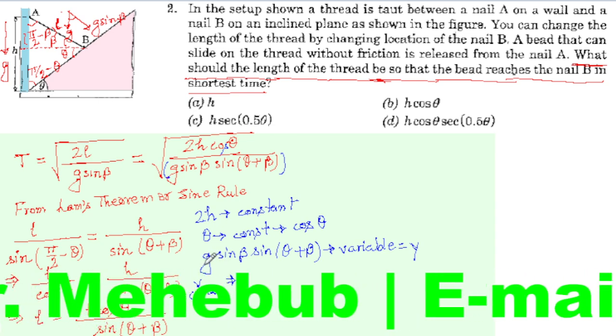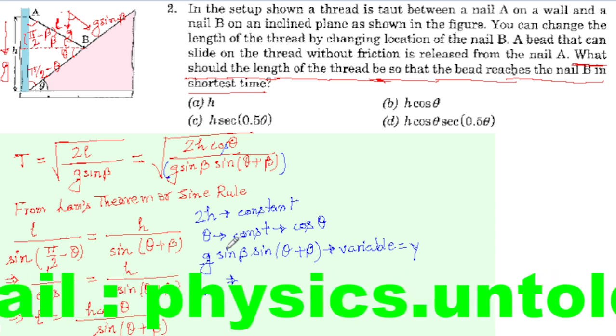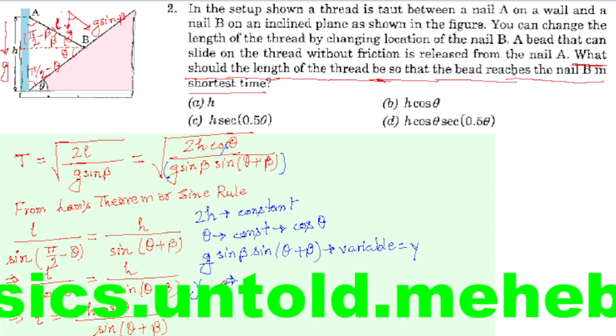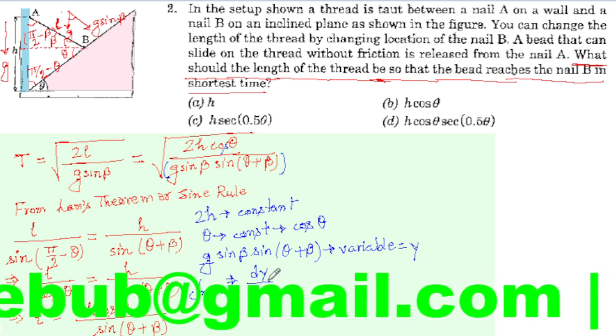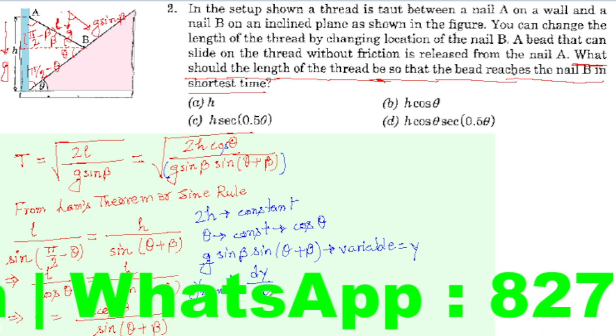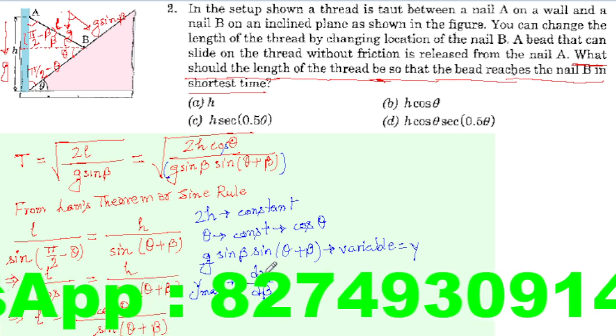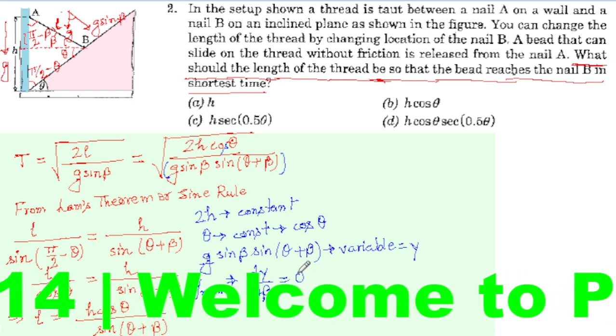Again, g is a constant, so we can exclude g from this equation. For y to be maximum, dy by d beta must be 0, because here the angle beta is the variable. Therefore if we differentiate our expression y with respect to beta, it must be equal to 0.